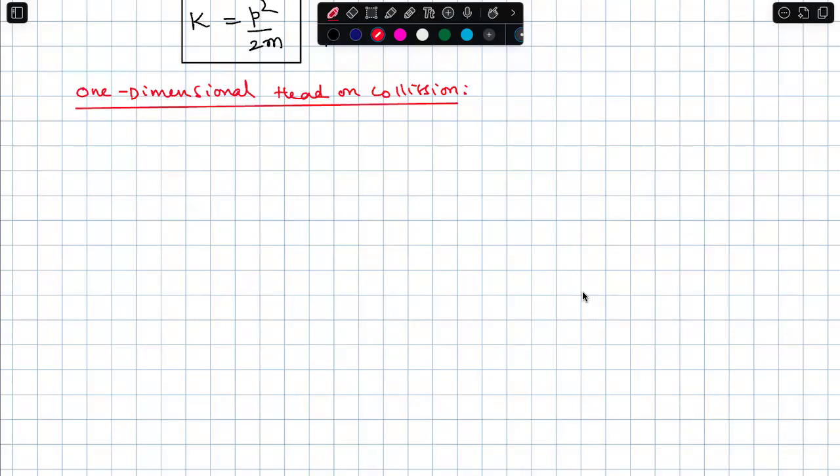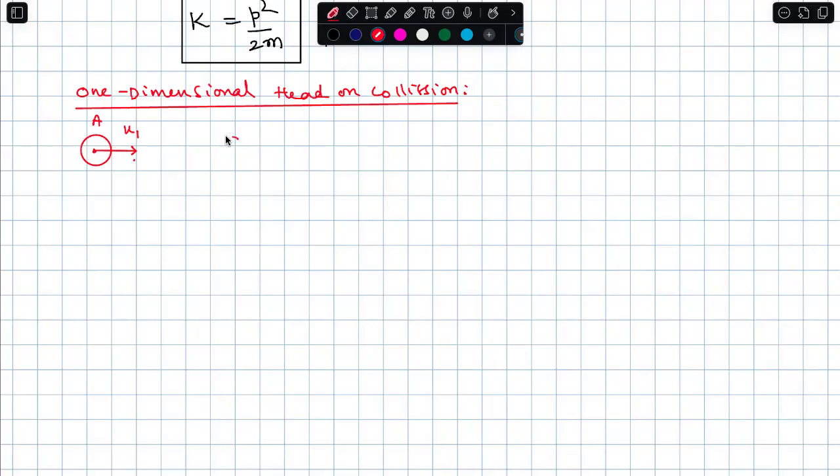See, I am now discussing something called collision. What happens in a collision? That's the first thing that we will study. For example, you see a situation like this. Let this be an object A moving with the speed u1.